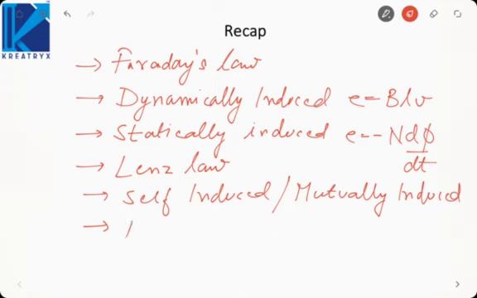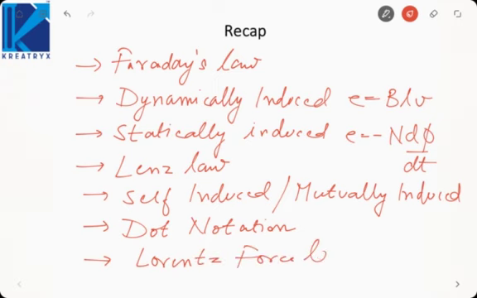Then we saw dot notation. To represent the polarity of EMF induced in a coil, we use dot convention. And last, we saw the Lorentz force law, that is the force experienced by a current carrying conductor when it is kept in a magnetic field.